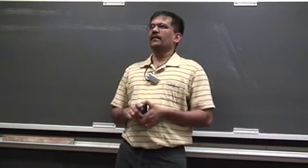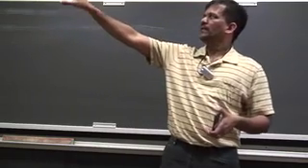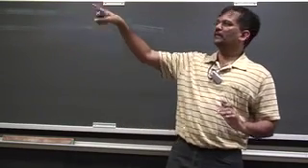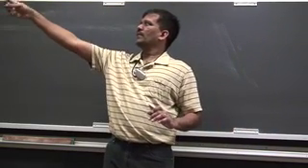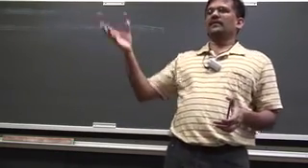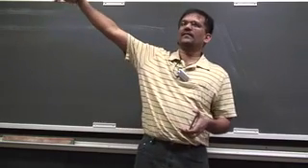So for each process you have a page table, right? The page table is a per-process concept. The logical address space of that process can go up to, let's assume, 8 pages, a 3-bit address space.